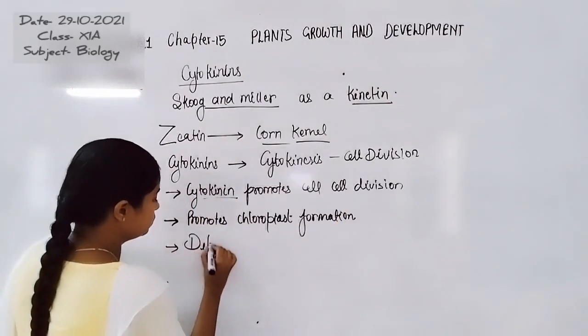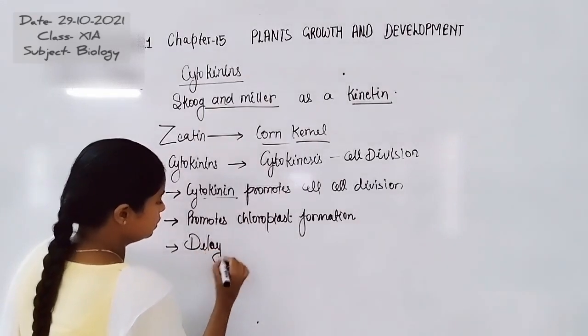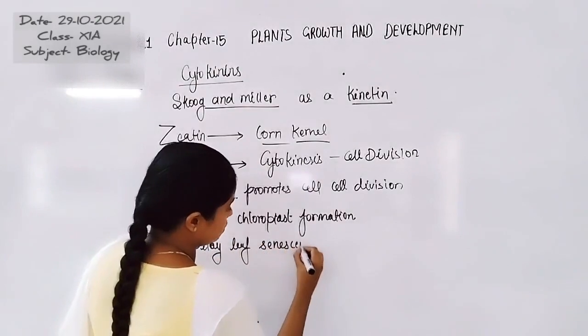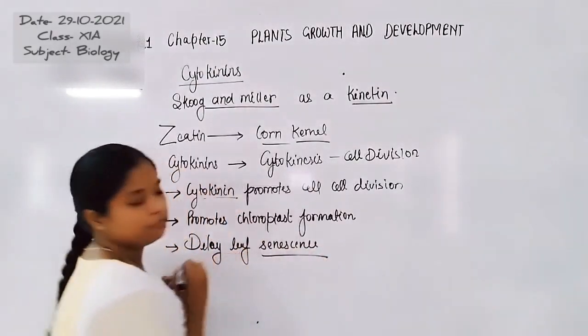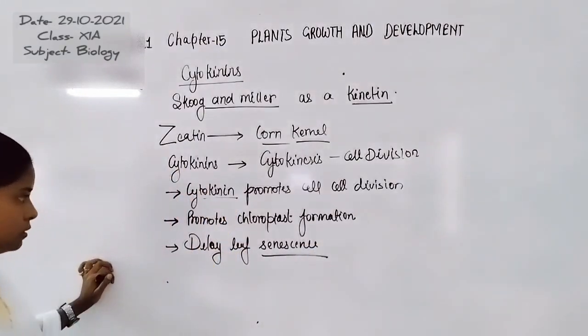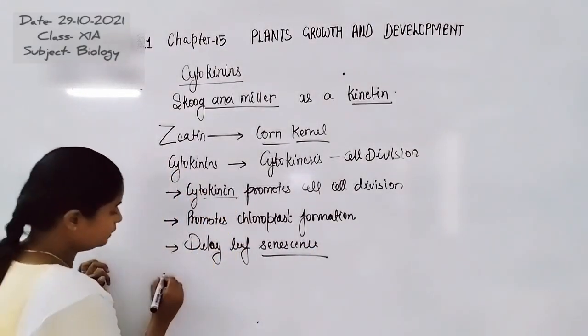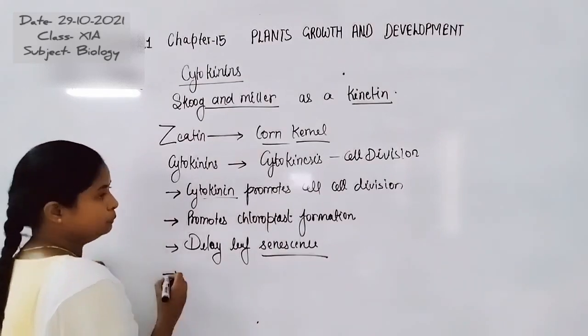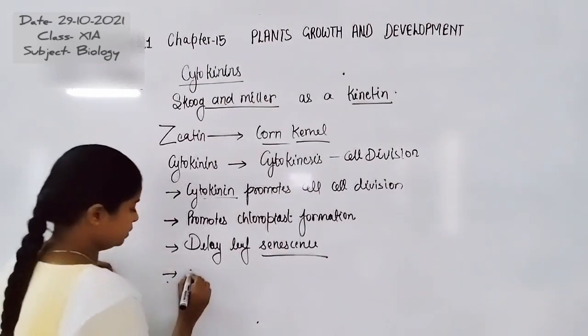Delay leaf senescence. Another function is that the cytokinin overcome the apical dominance.